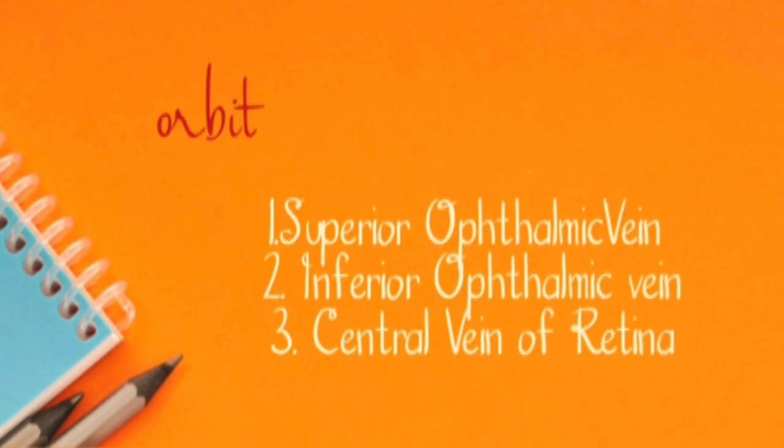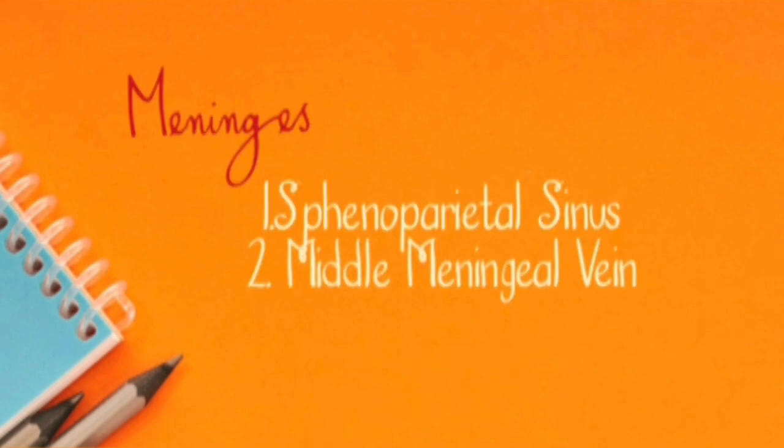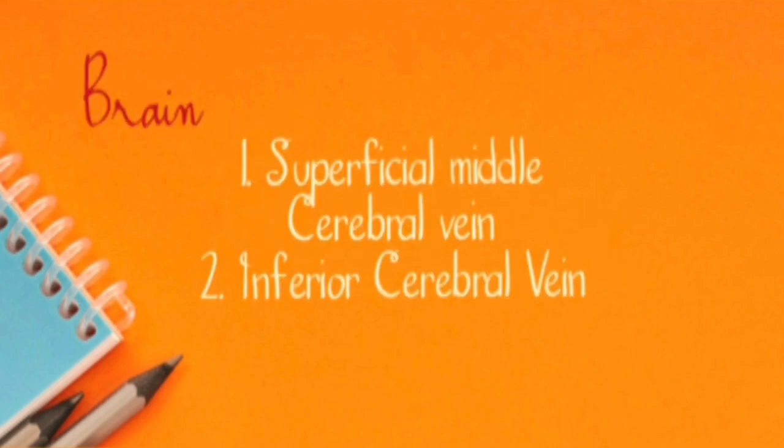From the orbit, superior ophthalmic vein, inferior ophthalmic vein and central vein of retina are the tributaries. The tributaries from meninges include sphenoparietal sinus and the anterior trunk of the middle meningeal vein. Tributaries from brain are superficial middle cerebral vein and inferior cerebral vein.